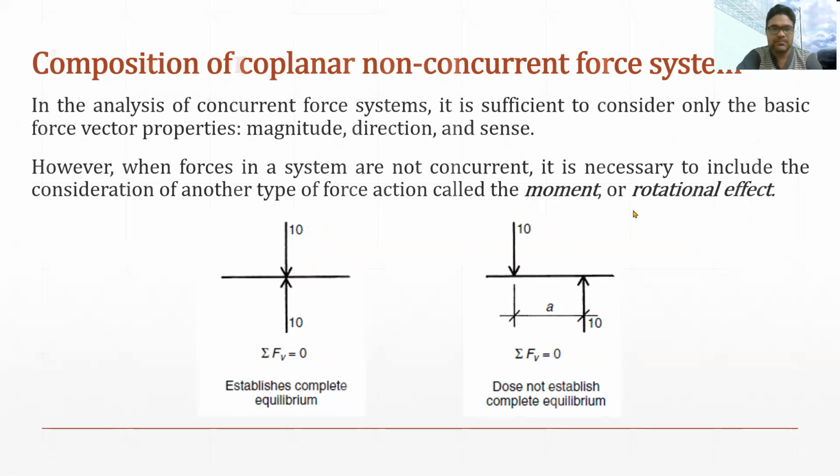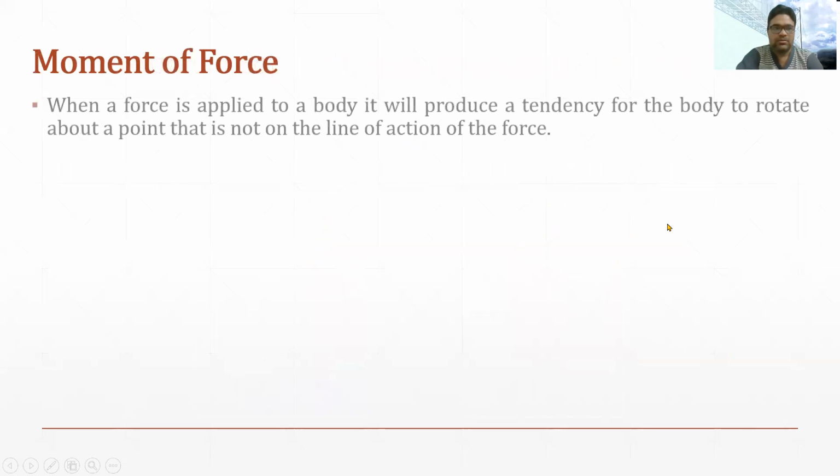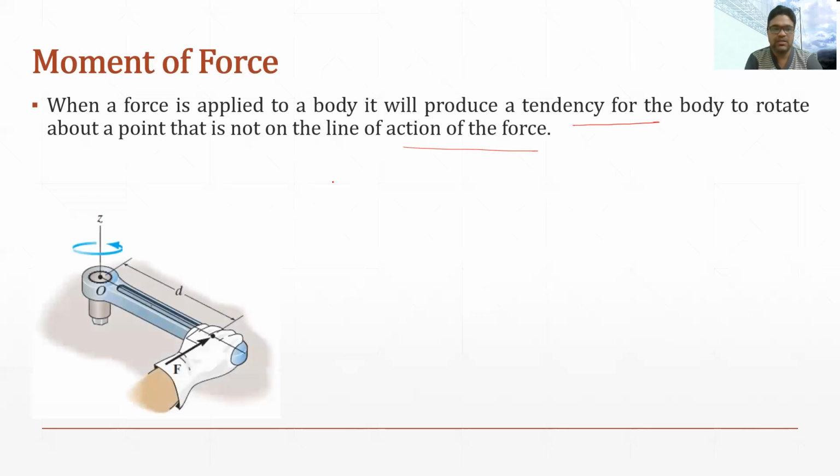What is it? When a force is applied to a body, it will produce a tendency for the body to rotate about a point that is not on the line of action of the force. We will understand this more with a photo. In this case, you can see there is a spanner and we are trying to rotate this bolt using the spanner.